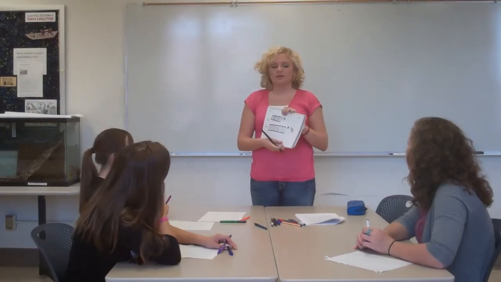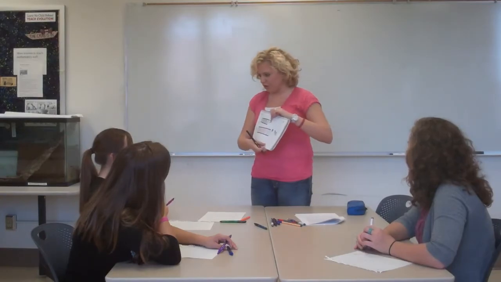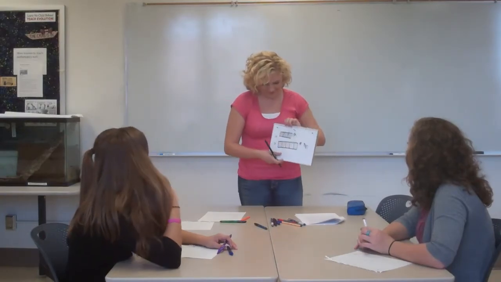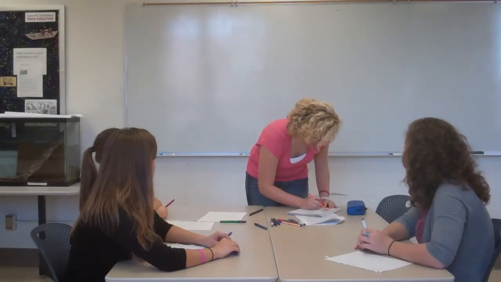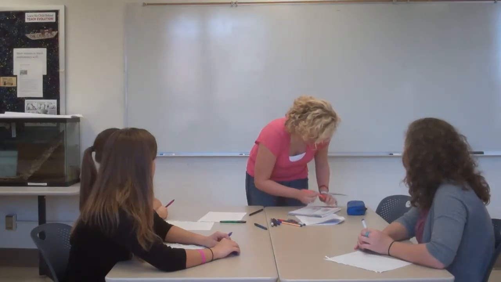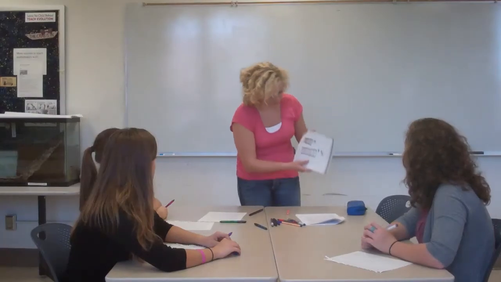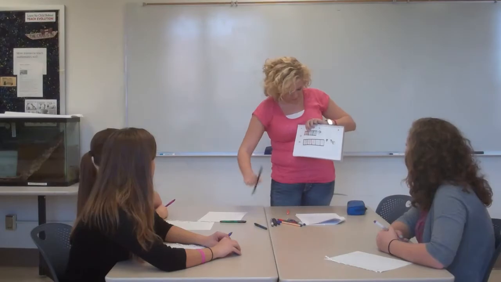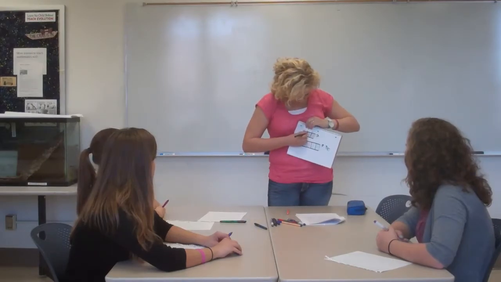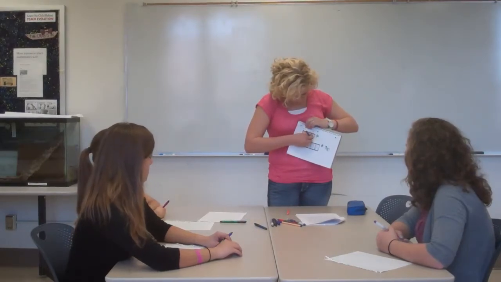Okay, so let's look back at my 1/3 drawing. Here I'm going to shade this better so you all can see it. Okay, so this is 1/3. Remember, here's our 3 original pieces. 1, 2, 3.